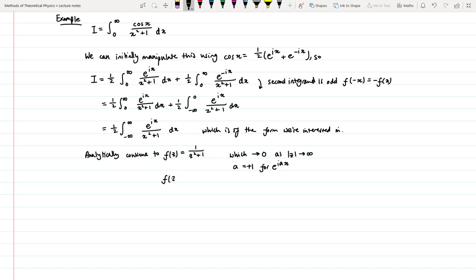We can rewrite our function as 1 over z plus I, z minus I. This has simple poles at z is plus or minus I. Let's draw a quick picture. We have our semicircle.